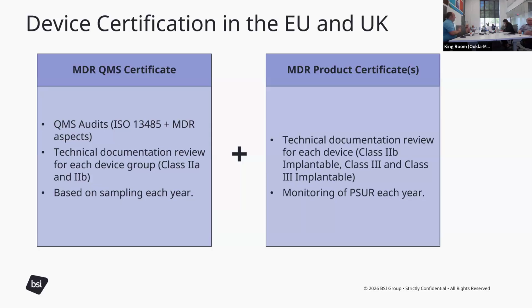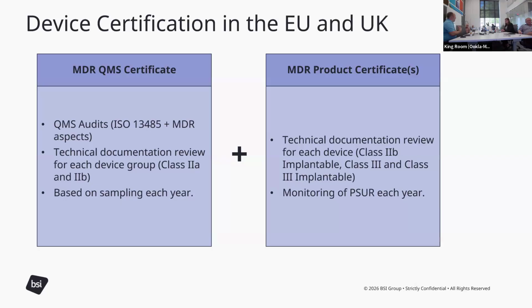When you get into the higher classification devices like 2B or class 3, then you have certificates for each device individually or each product family. And that we're doing more on monitoring them every year for that device specifically. But that's essentially how the structure works.